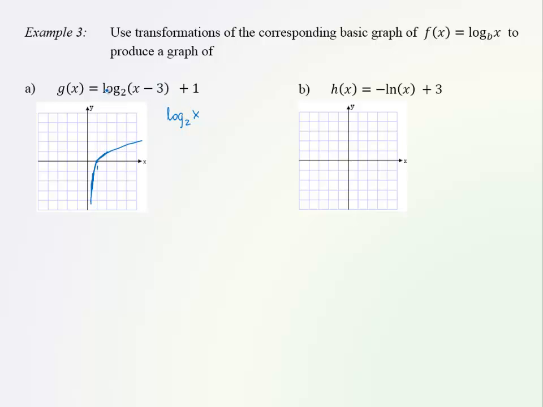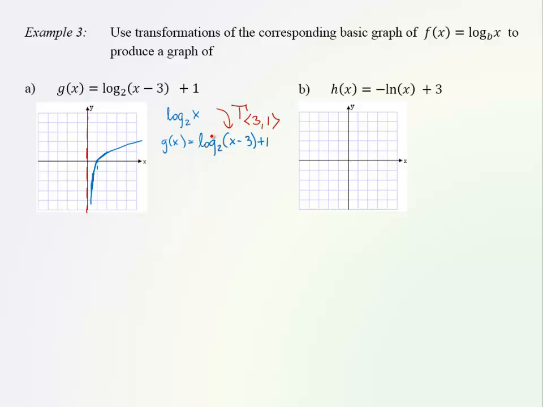Now to get g of x, which is our log with base 2 of x minus 3, plus 1, we apply translation by the vector 3, 1. We move the x 3 to the right, so it's 3, and 1 up, so it's 1. How does this translation affect the asymptote, which was normally the y-axis?